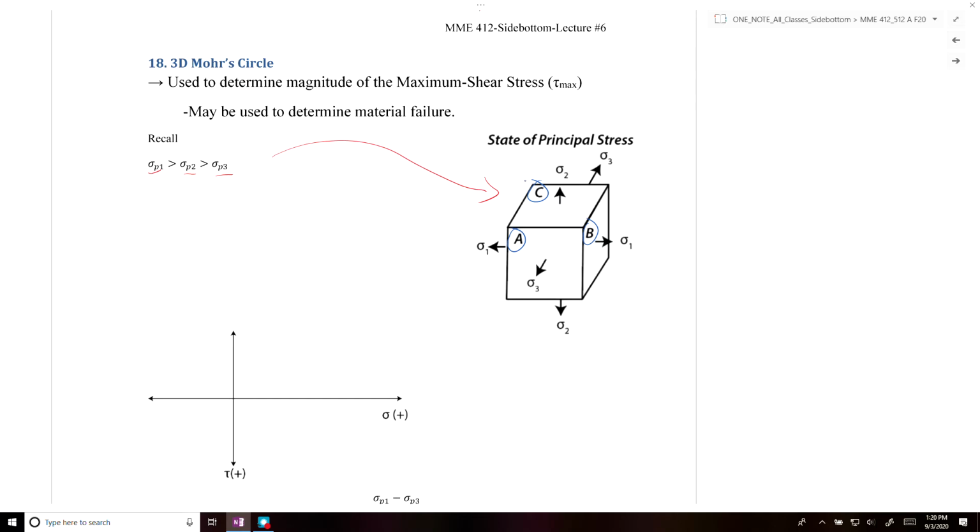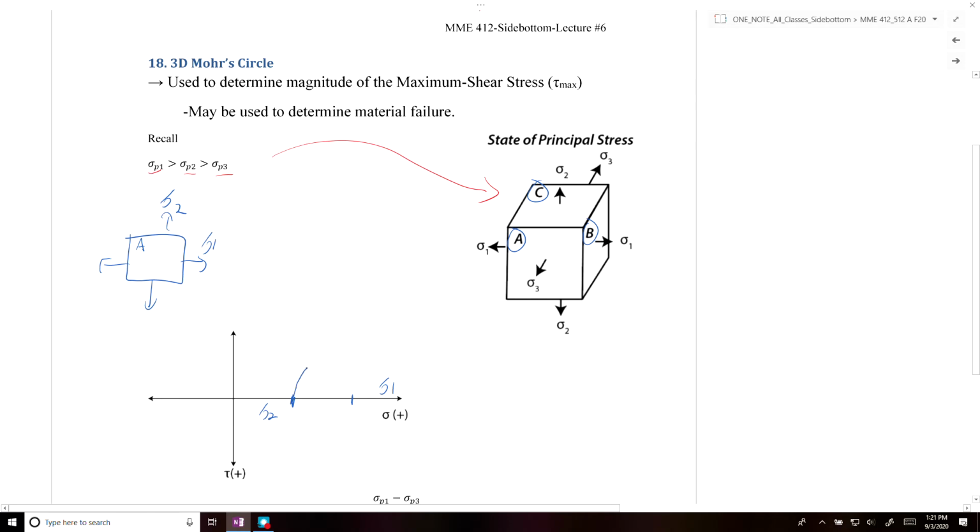So in the first case, case A, which has sigma 1 and sigma 2 on it, we drew a Mohr circle for those 2 points.